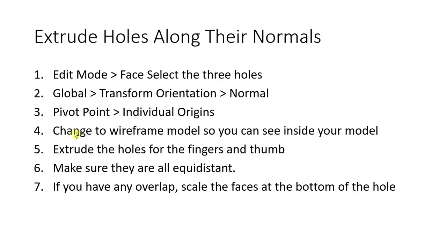And then you'll change to wireframe so that you can see inside your model again, and extrude the holes again. You'll make sure that they're equidistant, meaning they're all a good distance from each other. If you have any overlap, you're going to scale the faces at the bottom so that they're not overlapping. But I didn't have that problem. So let's take a look at that.